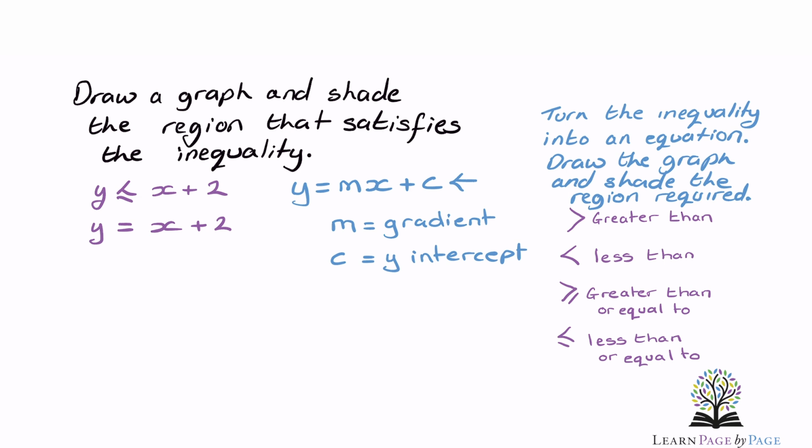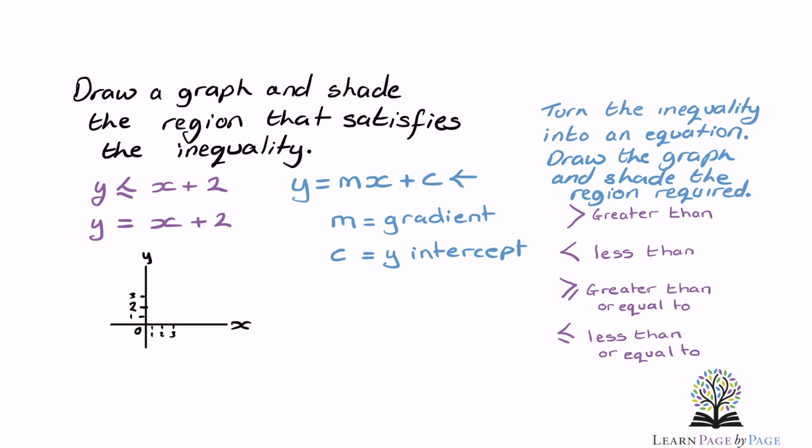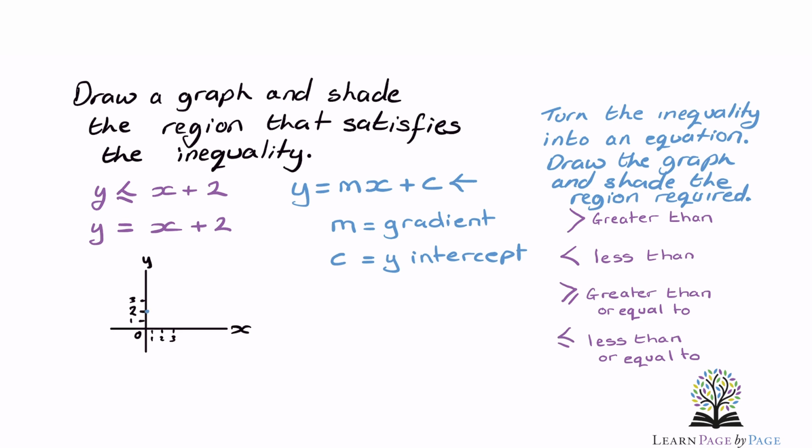So draw your graph, and as our gradient is 1, that means every time we go up 1, we go across 1. So we know it goes through +2, so we have one coordinate which is 0, 2, and our second coordinate would be 1, 3. So our graph would look something like this. It's a bit off, but you roughly get it.